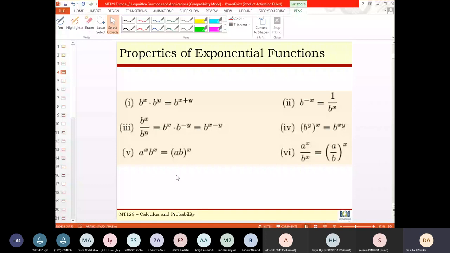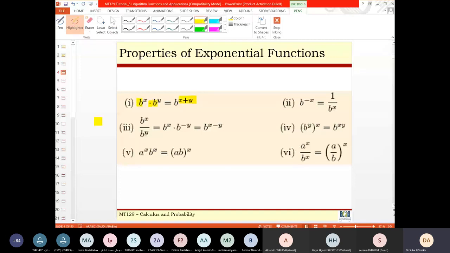It's very important to recall those properties that we have for exponential. We mentioned this in chapter 1, and again I'm going to review this with you, and it's very important to know how to deal with these exponential functions. Whenever we have same base, different power, and I have a multiplication, what do I do with the power? I add.